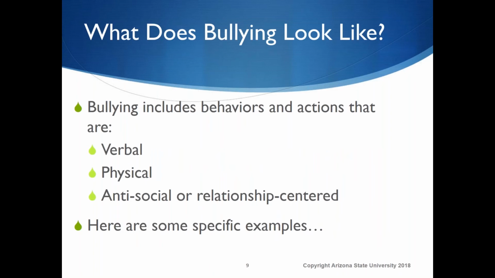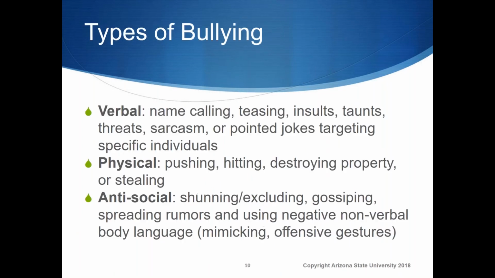When I talk about bullying, I'm talking about three different types: verbal, physical, and the antisocial or relationship-centered. So verbal is just like it sounds. It's using the voice to call people names, to tease them, to make threats, or pointed jokes that target a specific individual.